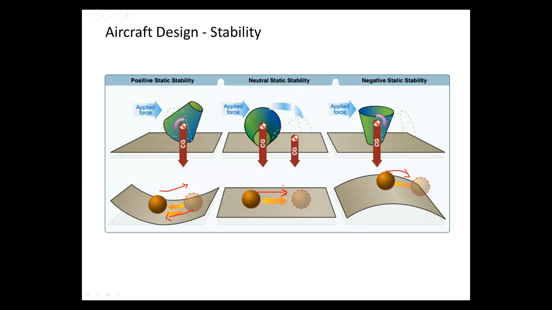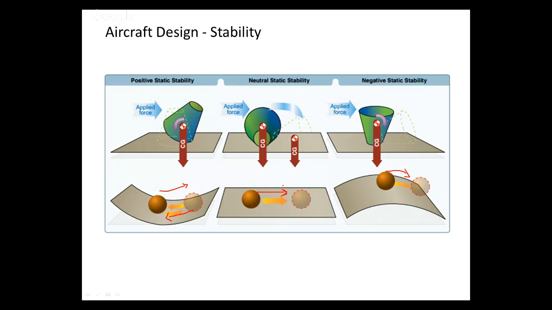And it's tough to find an example on an airplane for negative, and that's a good thing. It would not be very desirable for an aircraft to have any control surfaces or control axes where a negative stability situation could happen.